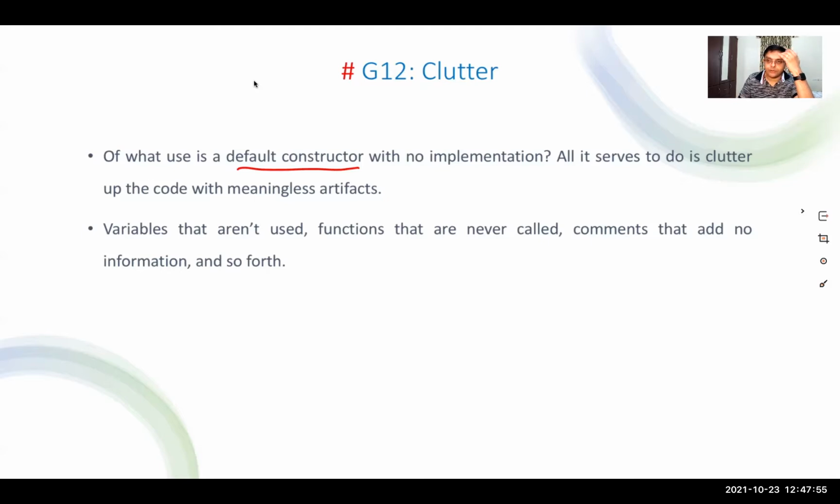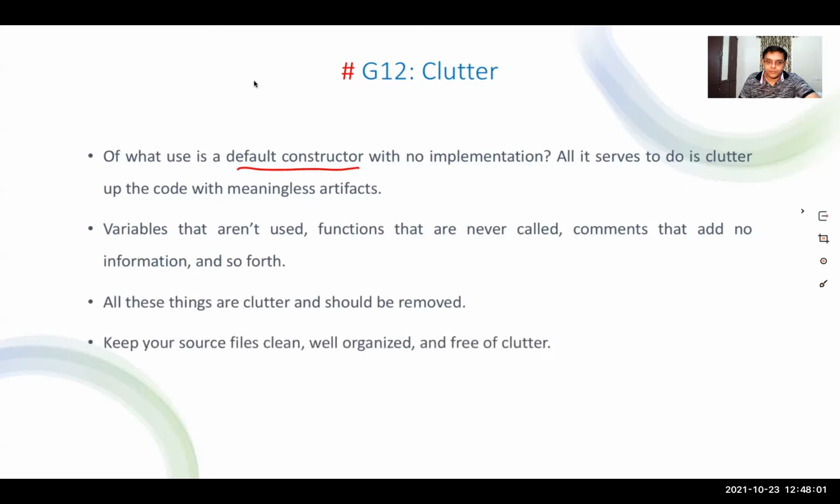All those things will clutter your code, so you can remove them. The important thing is to keep your source files clean, well organized, and free of clutter. I want to easily read it, like a cartoon book. I should be able to read it and enjoy it. That's what makes the life of viewers and your peers easier.